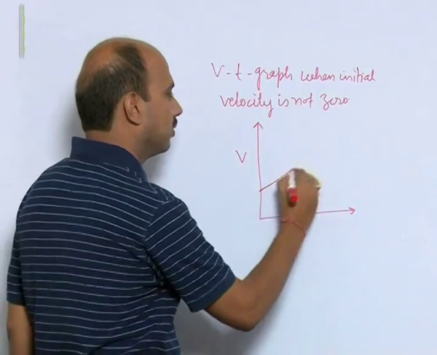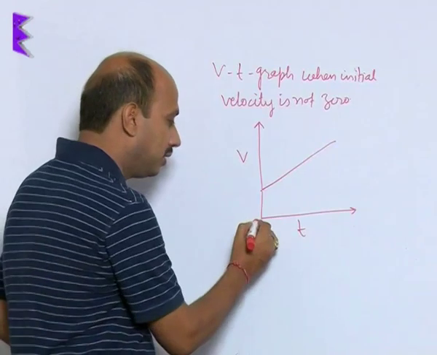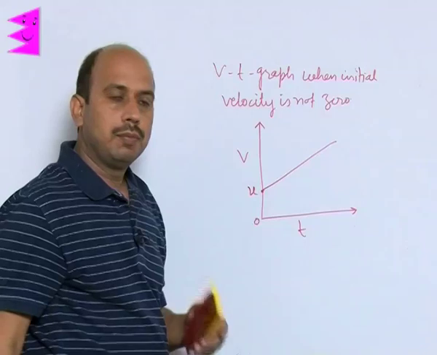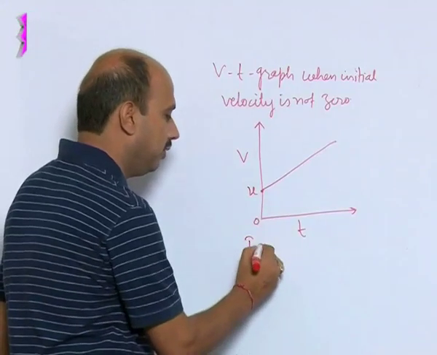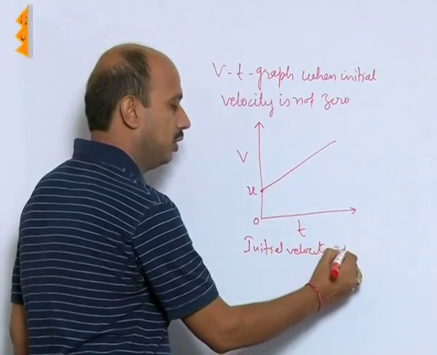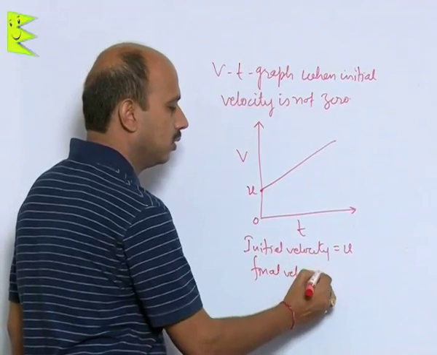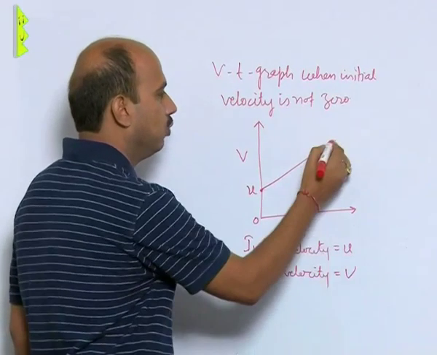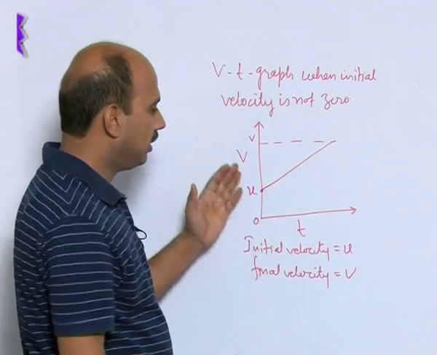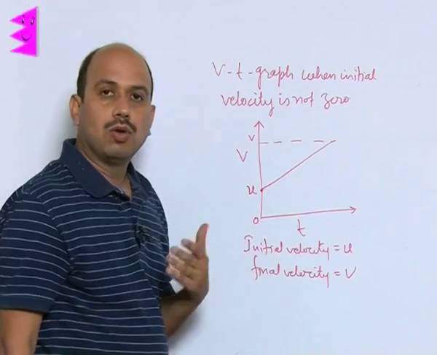We can take like this. See, this is uniformly accelerated because this is a straight line, but at the time 0 origin it has some velocity. We can say let it be u, because we represent initial velocity as u and we take final velocity as v. So, we can take this is the final velocity. So, this is the velocity time graph when initial velocity of the body is not 0.